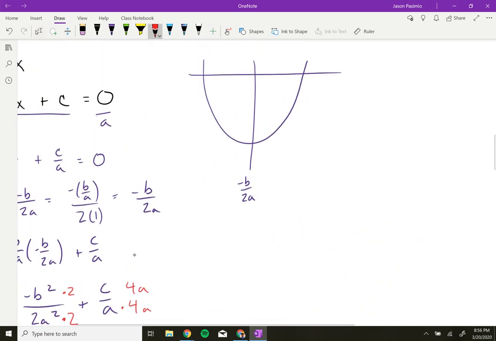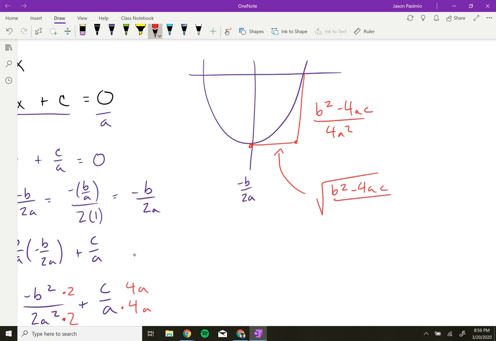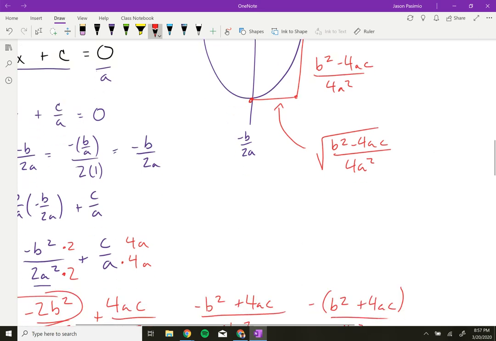That means that over here, when I do this piece, this vertical piece right here is going to be, I need to go up b squared minus 4ac over 4a squared, which means the horizontal distance right there is going to be the square root of all of that. B squared minus 4ac over 4a squared. Now, if I take plus or minus negative b over 2a.